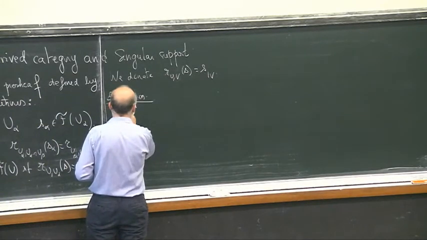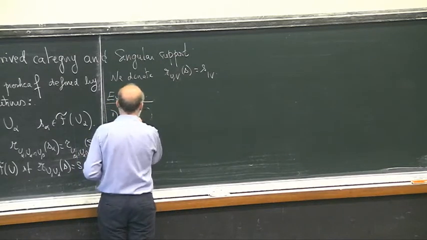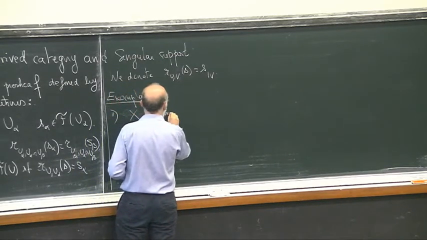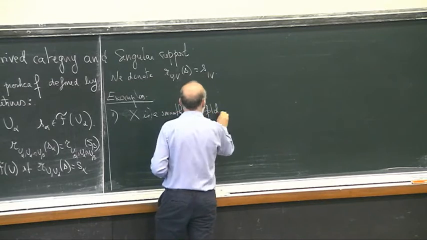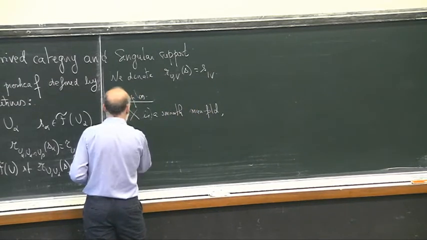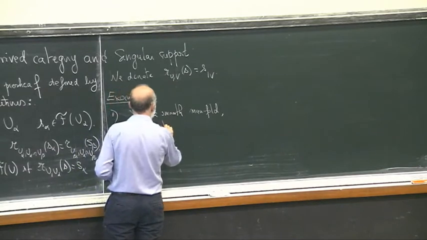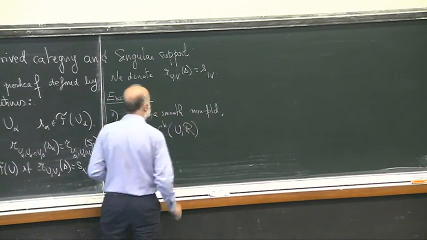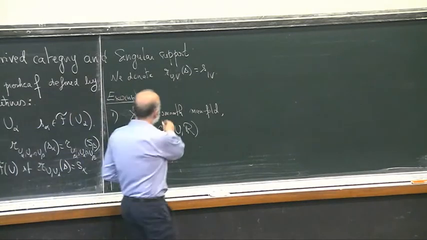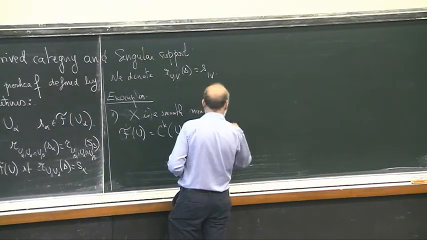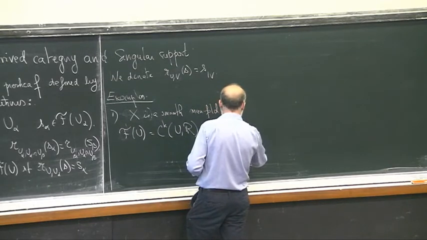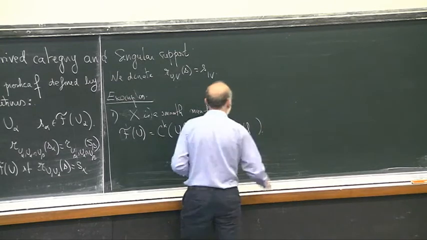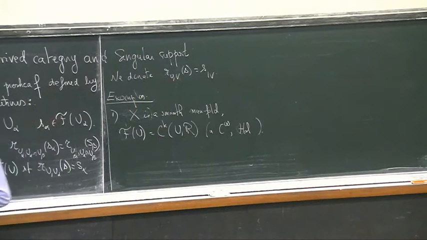So if you look at, let's say, X a smooth manifold, and F of U is the set of C^k functions over U. You could also, if it's analytic, take the analytic functions, or if the manifold is holomorphic, take the holomorphic functions. I mean, all these obviously satisfy this condition.